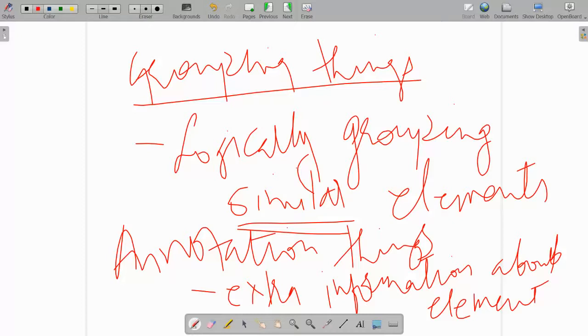Extra information about the element. So annotation things represent the extra information about the element. If I have to give an example which is used under UML, it is nothing but sticky notes. The sticky notes that you use, sticky notes in a diagram.